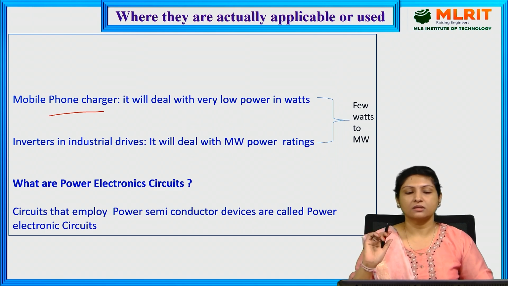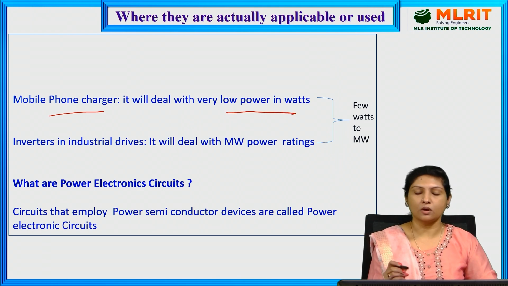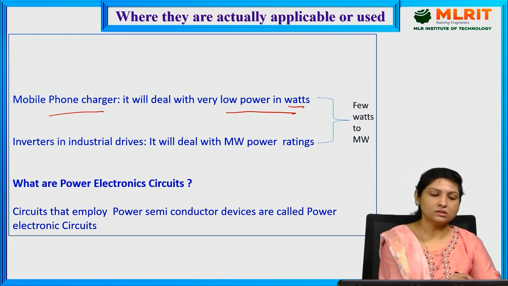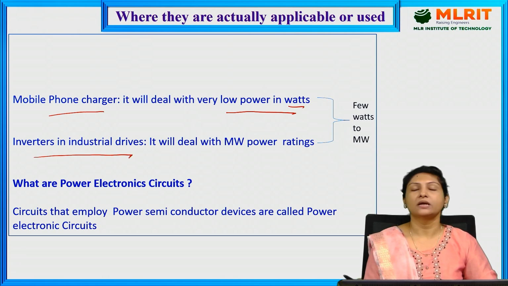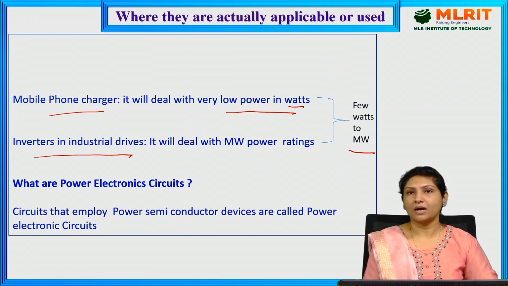That means they require very low power ratings, very few watts. Whereas inverters in industrial drives deal with megawatt power ratings. So power electronics deals with a few watts to megawatts of power handling capability.